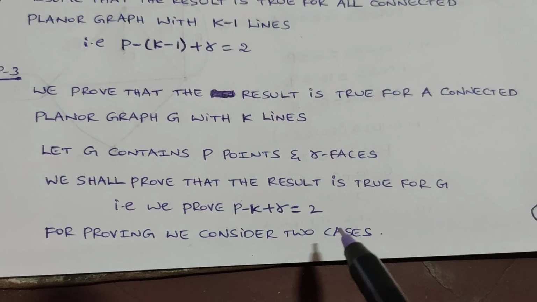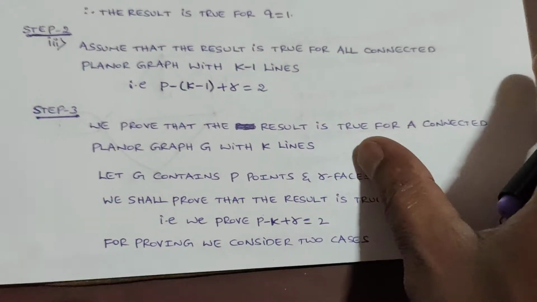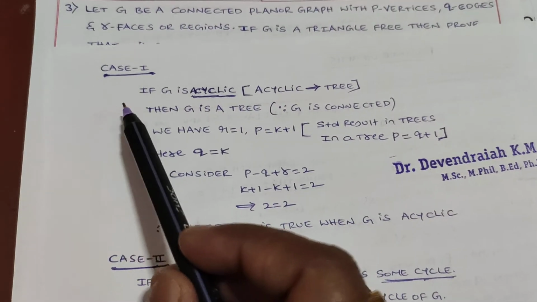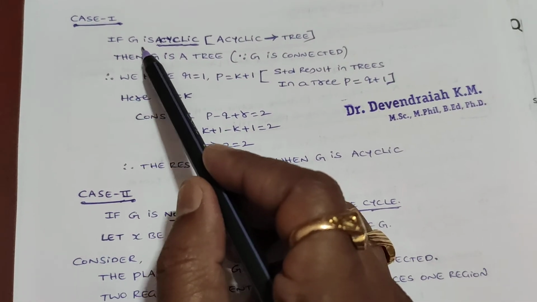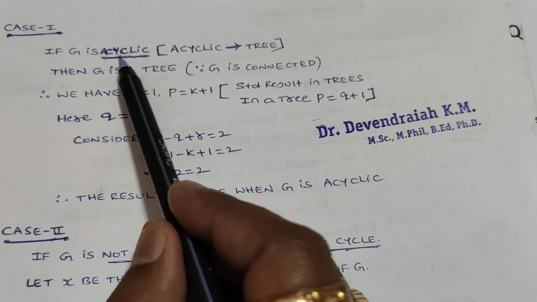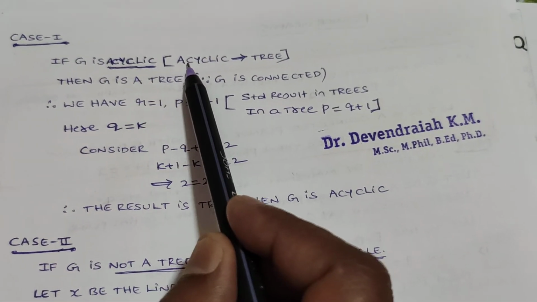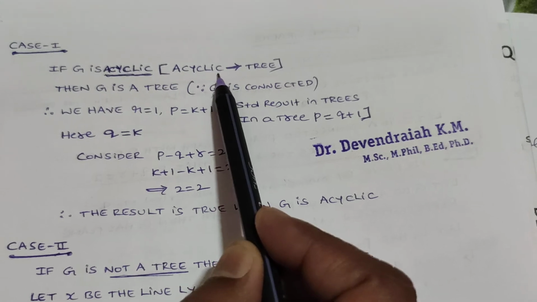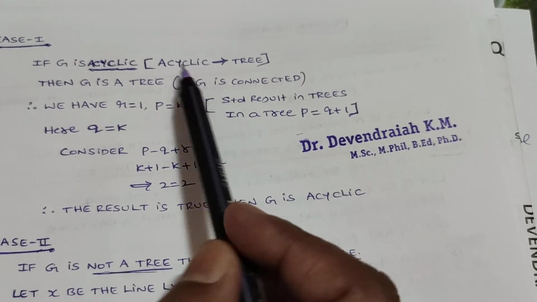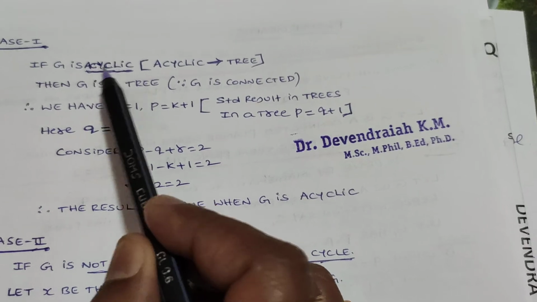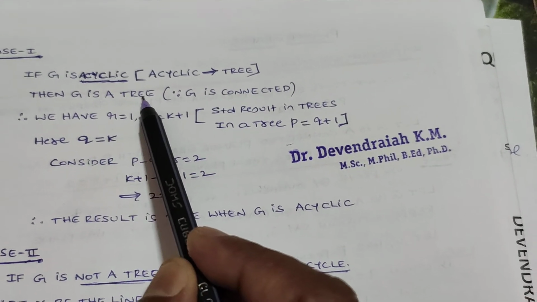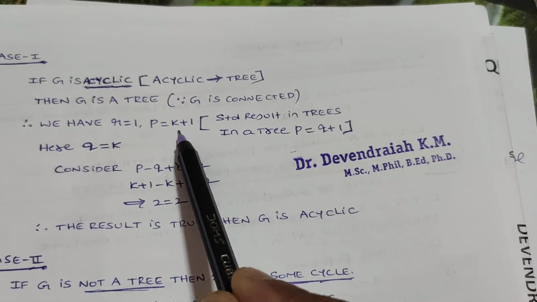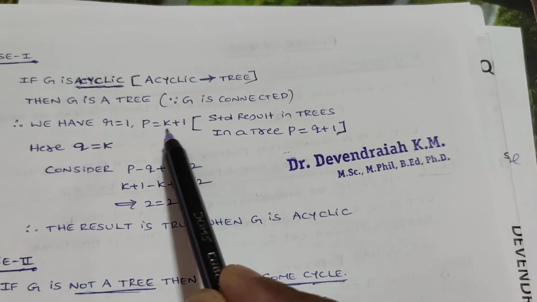For proving, we consider two cases. In case number 1, we assume that G is acyclic. What is the meaning of acyclic? It means it is a tree. That is the definition we observe in cyclic and acyclic graphs. So if G is acyclic, then G is a tree. In this case, we observe R as 1 and P as k plus 1. Why do we consider P as k plus 1?